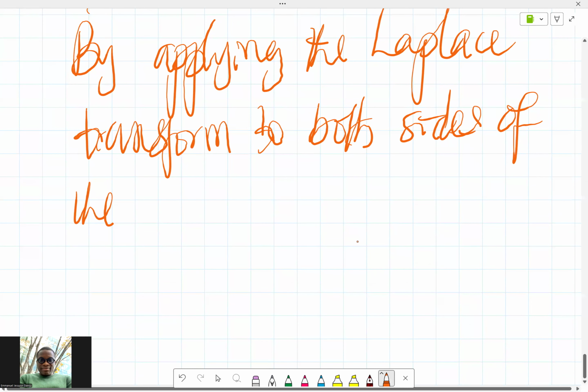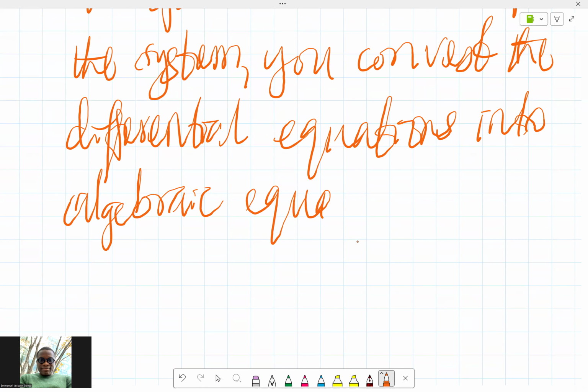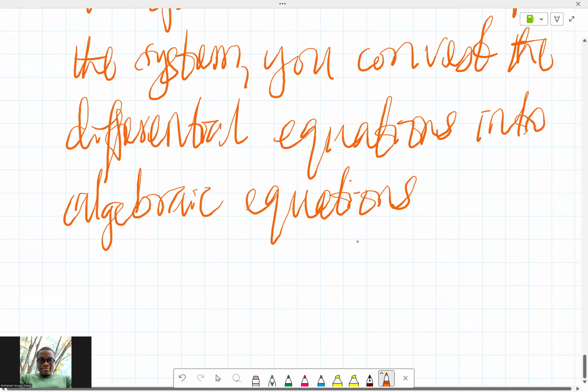So you see, the Laplace transform converts differential equations into algebraic equations, and algebraic equations are more amenable to solution than differential equations, at least relatively. They are easier to solve for sure.